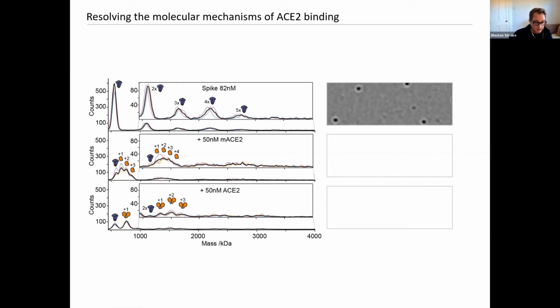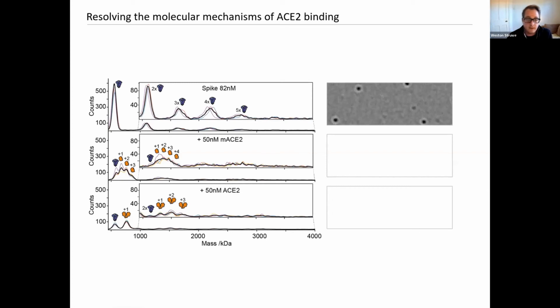So either the trimer monomer, from the dimer to the pentamer, shown here, and then anything beyond that. And we see with ACE2 that the number of counts of these higher order oligomers is most certainly higher than in the absence of it, and nothing significantly different between monomeric ACE2 and the spike alone. So what this is telling us is that there is in fact cross-linking between ACE2 and spike.